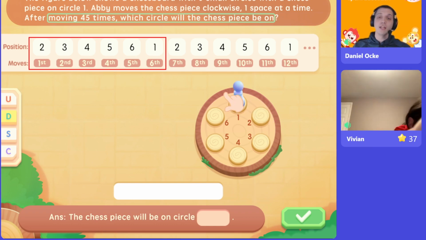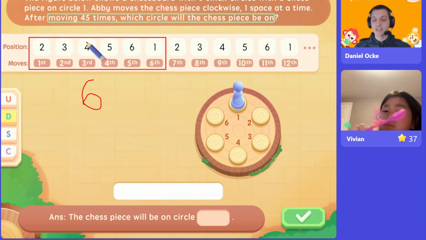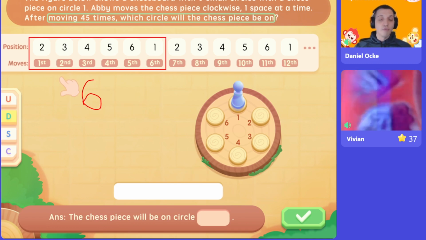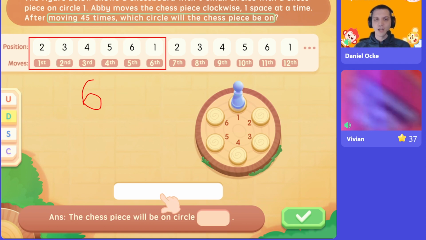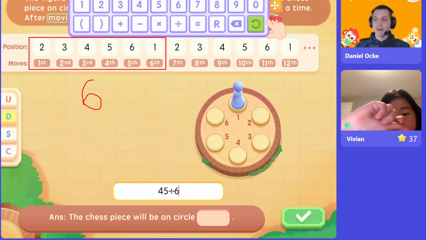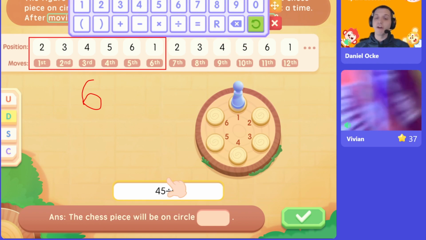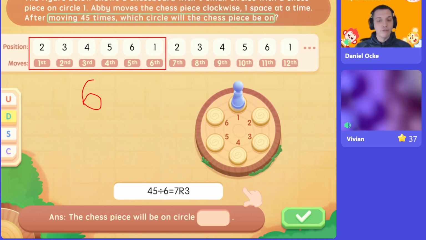That repeated group is important for us because we know that it now has 6 numbers in it. Just like Vivian said, if we have 6 terms in that pattern and we're trying to find the 45th term, we can take 45 and divide it by 6. If we divide 45 by 6, we're going to get 7 with a remainder of 3.